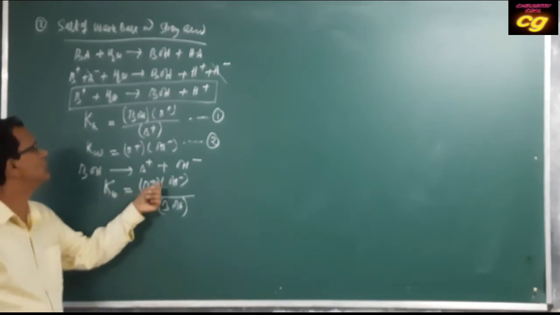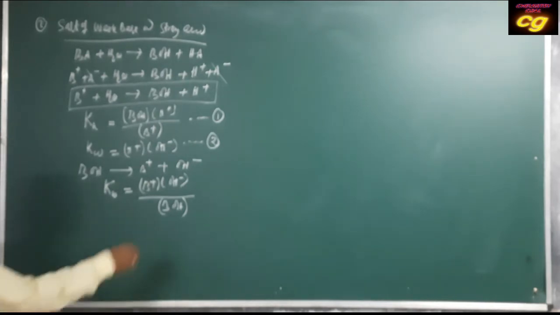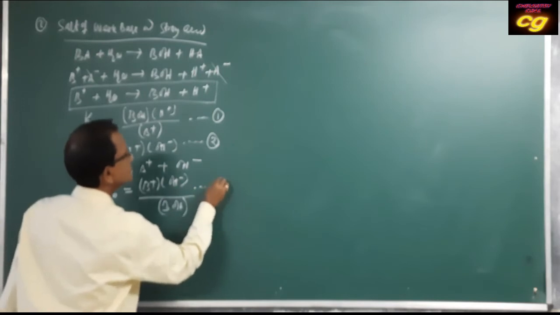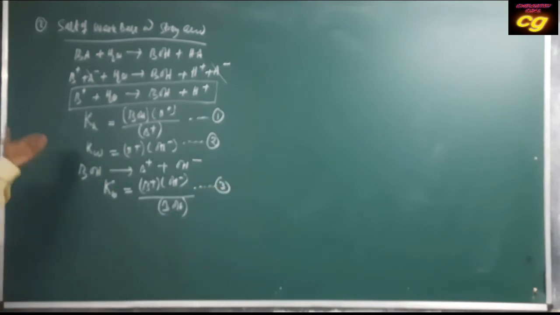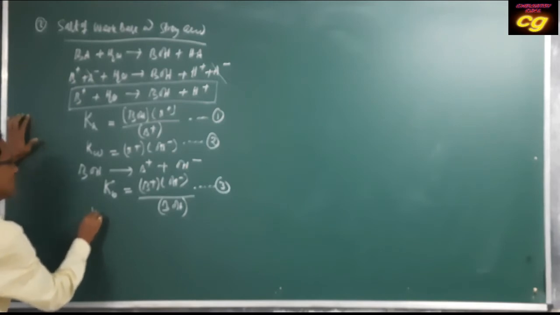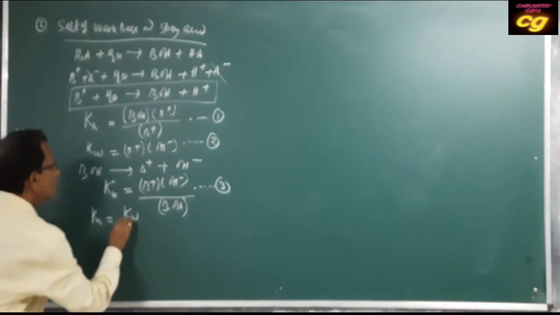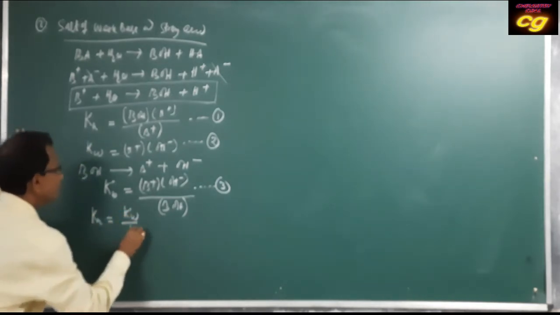Kb is equal to B plus OH minus upon BOH. This is equation 3. Now if you divide, remember, Kh is equal to Kw by Kb.